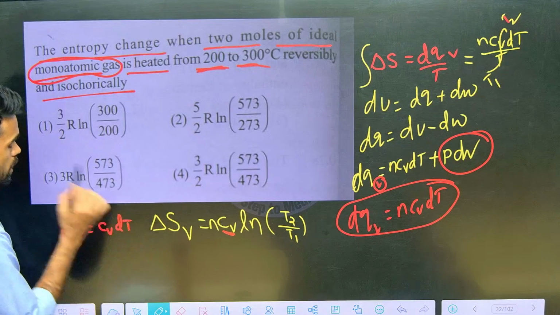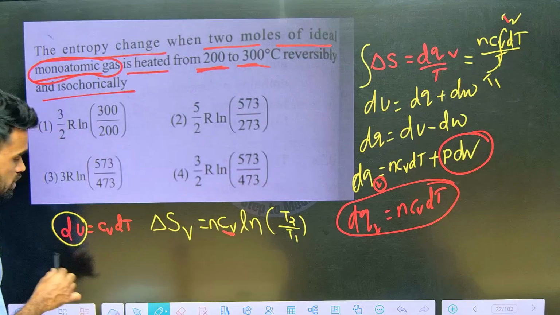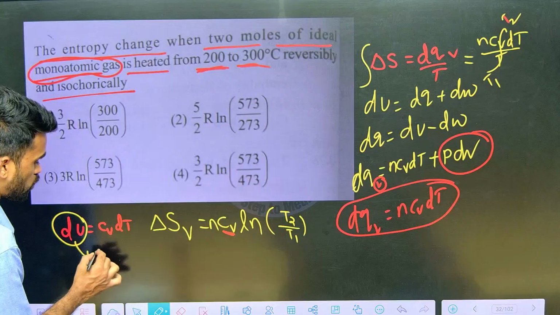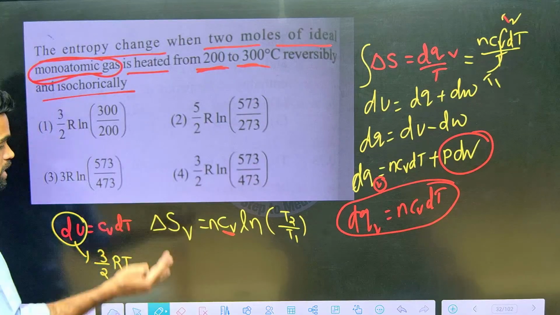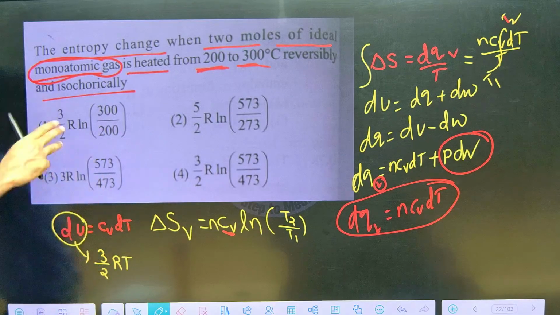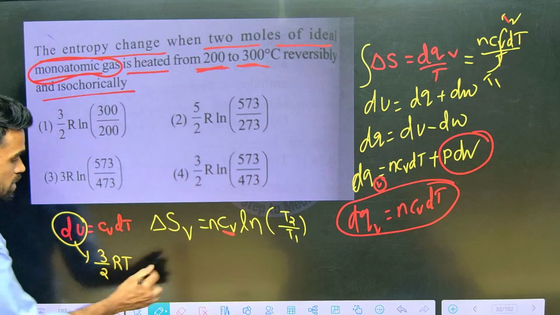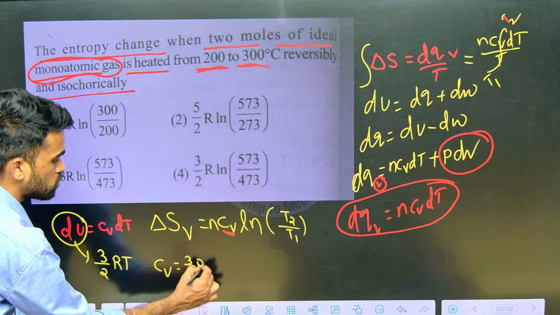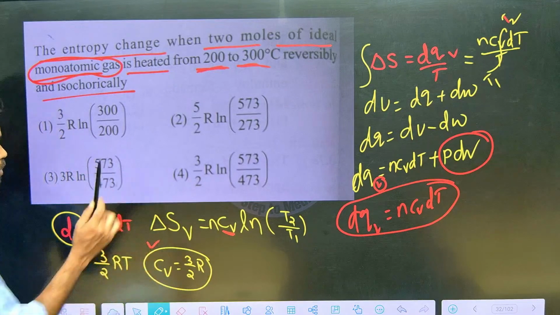For a monoatomic gas, the internal energy depends on translational degrees of freedom, so it is 3 by 2 RT. For each translational degree of freedom it is half RT, and there are 3 translational degrees of freedom along the x, y, z axes. So upon differentiating this, we get Cv is equal to 3 by 2 R. This is the value for a monoatomic gas.